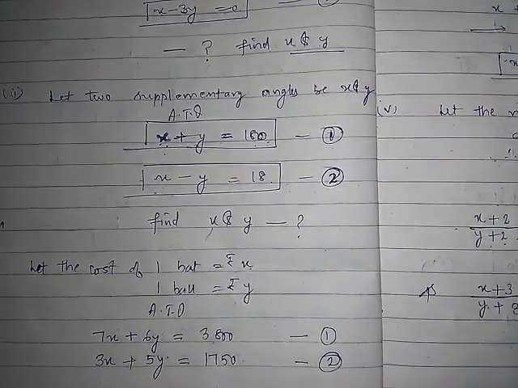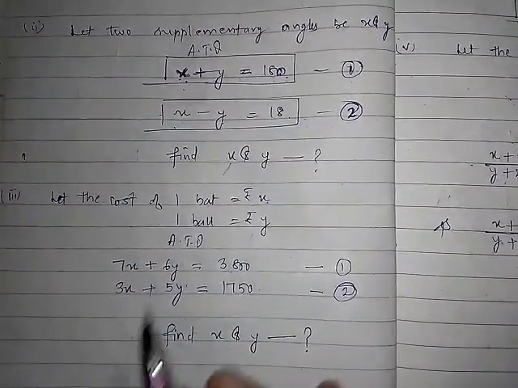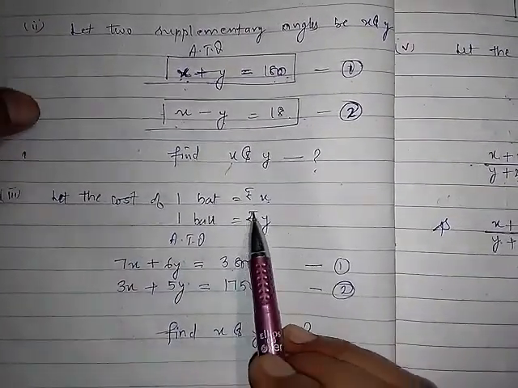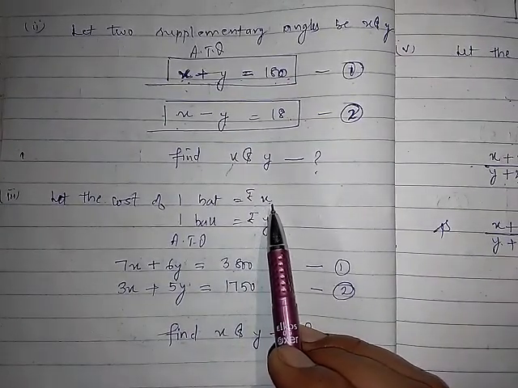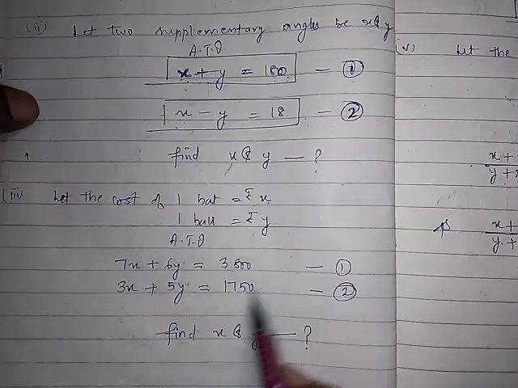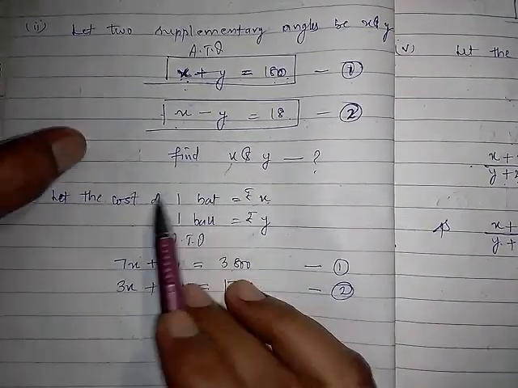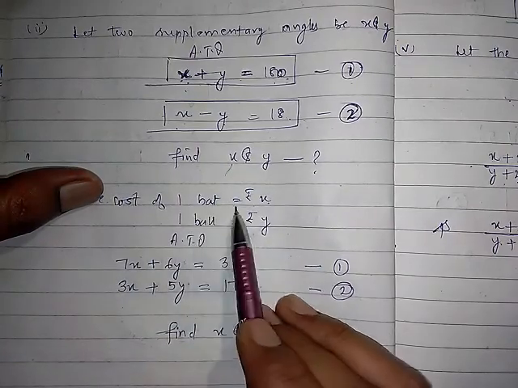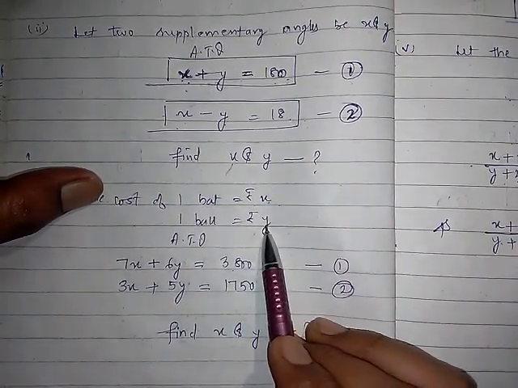Clear? So now come to the third part. The third part we have already discussed in exercise 3.1 as well as in 3.2. Here they are talking about the cost of bats and balls. So here we have supposed the cost of one bat is x rupees and the cost of one ball is y rupees.